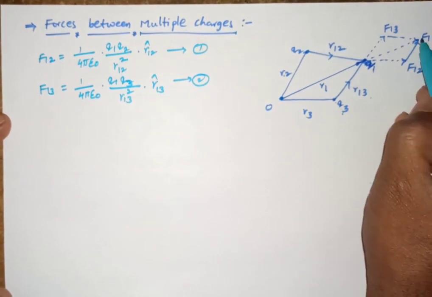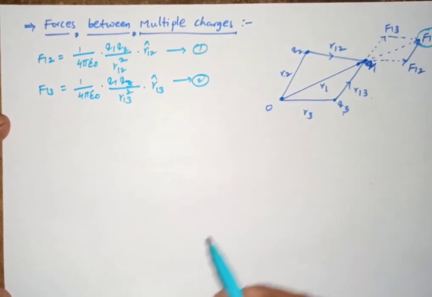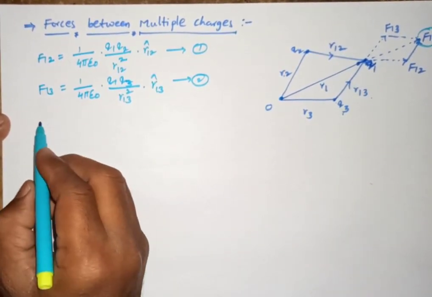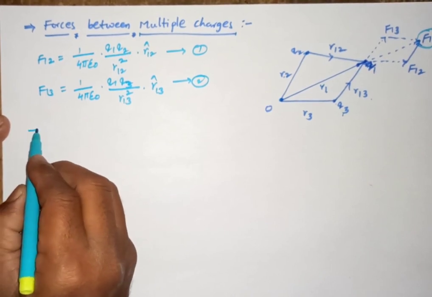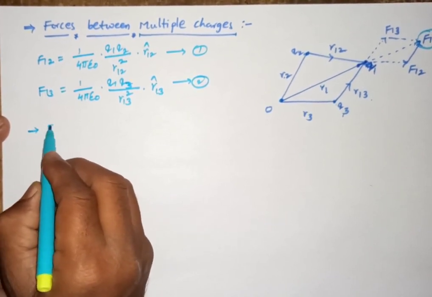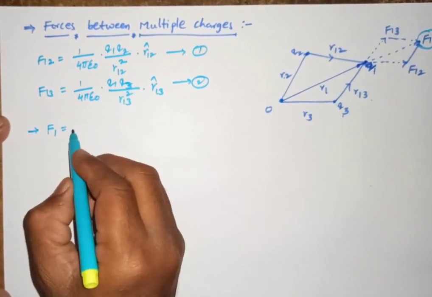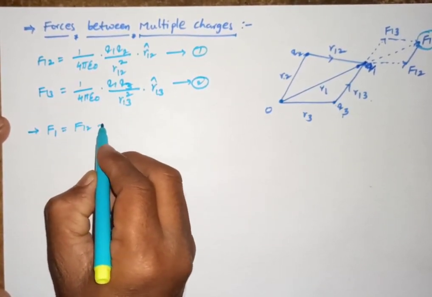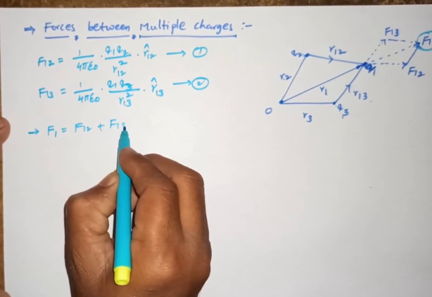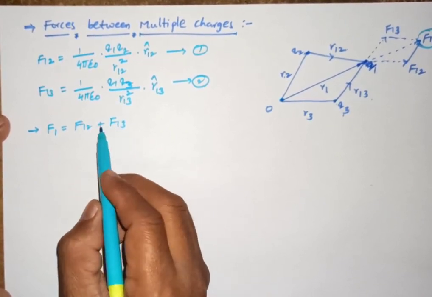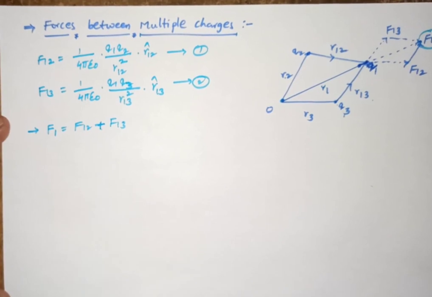Then the resultant force is taken as F1. The resultant force F1 equals F12 plus F13, which is derived from the parallelogram law of vectors.